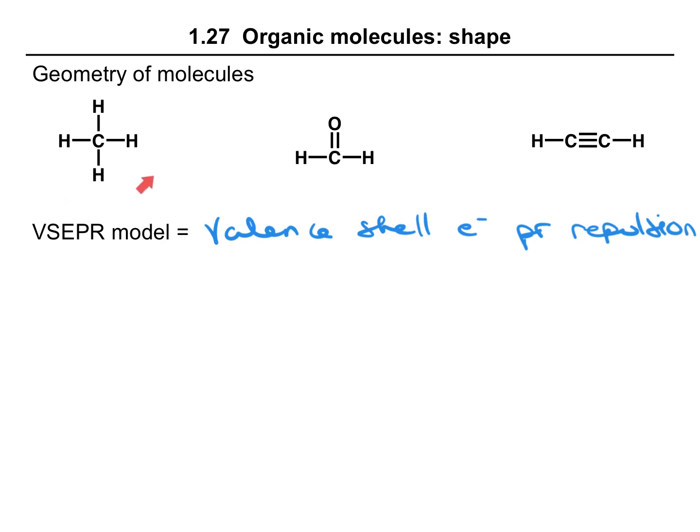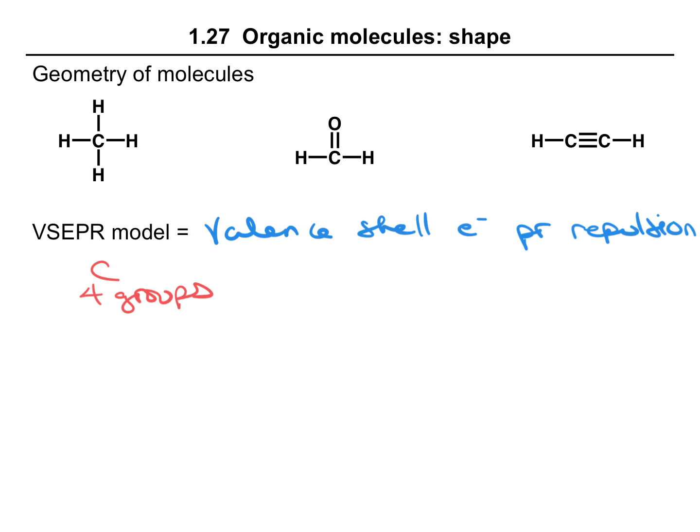If we look at our first example of methane, we have a central carbon connected to four groups. Now we have to think in three dimensions, not just flat, because if these are all in the plane of the paper, then these are 90 degrees away from each other, and that's as far away as they can get if they are in two dimensions. But instead, we need to think in three dimensions because that's what the molecule is going to do.